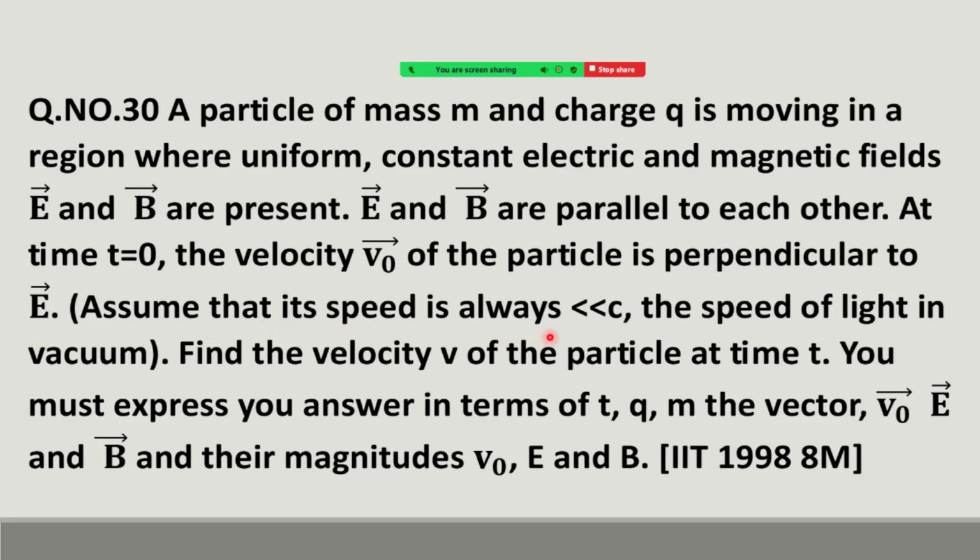Assume that its speed is always very small compared to the speed of light. Find the velocity V of the particle at time t. You must express the answer in terms of t, q, m, the vector V naught bar, E bar, B bar, and their magnitudes V naught, E, and B. This was asked for 8 marks in 1998. Let us see how to start.